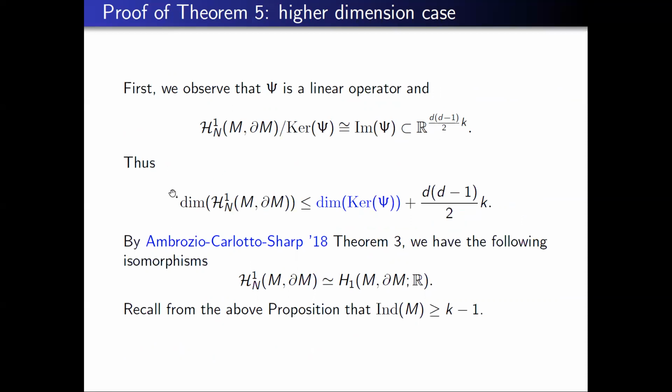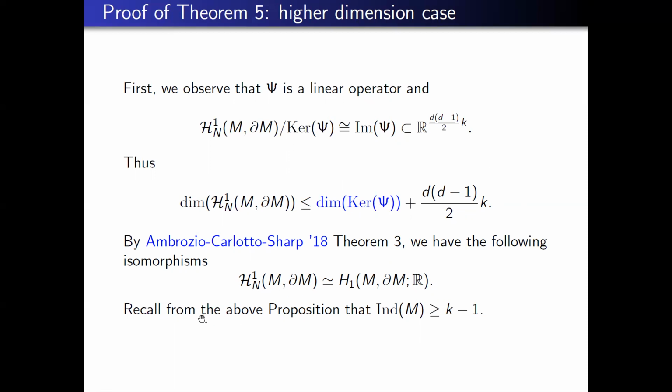So we have these equalities, and by the ACS theorem 3, we have the following isomorphism: H^1_N(M, boundary M) equals the first homology group H_1(M, boundary M; R).